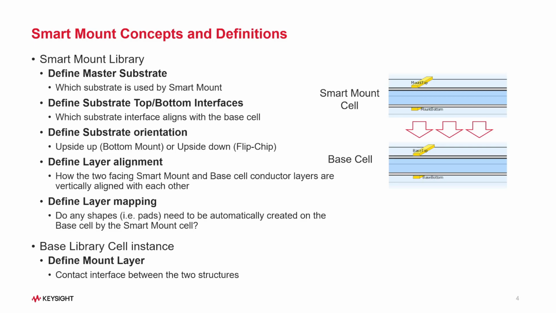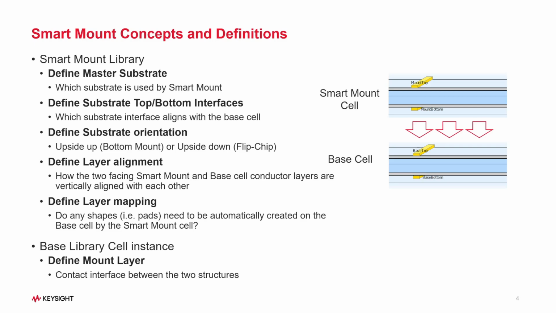Then for the substrate, we need to define which are the top and bottom interfaces, which are not necessarily the external ones. They can be also the internal ones if we want to assemble the two structures using one of the internal layers as the contact surface. Then we need to define the orientation of the substrate.